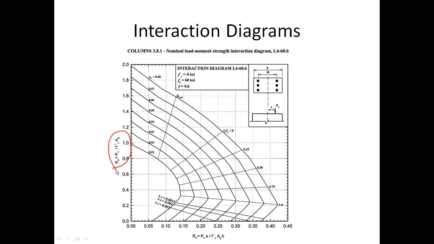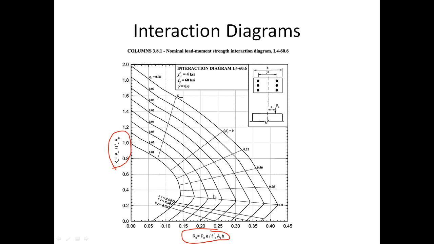Now, Kn has a formula, and you can see there, it's Pn, the nominal axial capacity, divided by f'c times the gross area. Again, similar to that, you'll notice on the x-axis, which I've already said was the bending moment axis, they don't write that in terms of bending moment. They give it another unitless coefficient, this one called Rn. And you can see that Rn has its own particular formula.